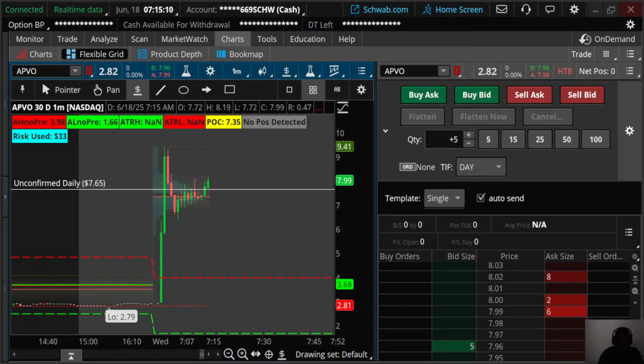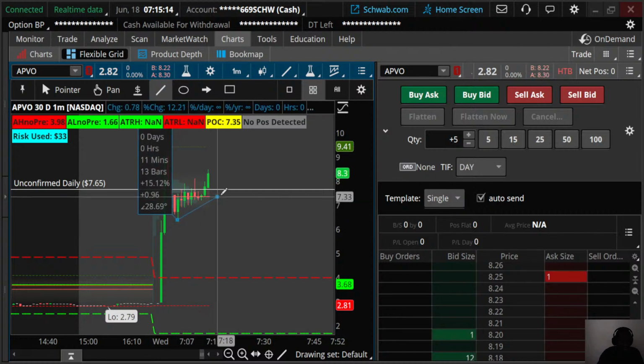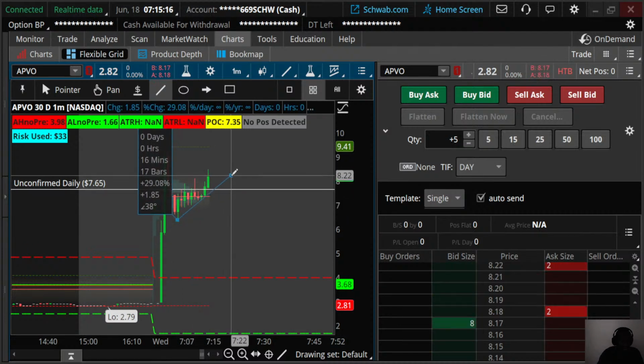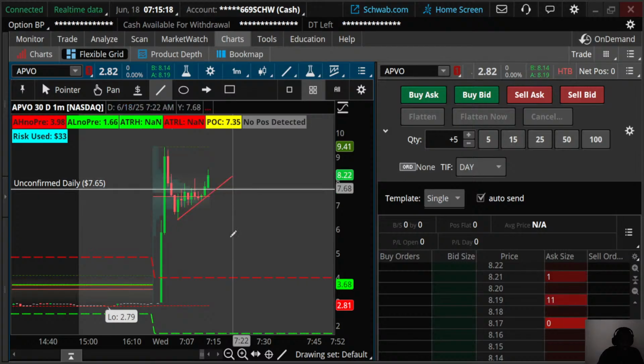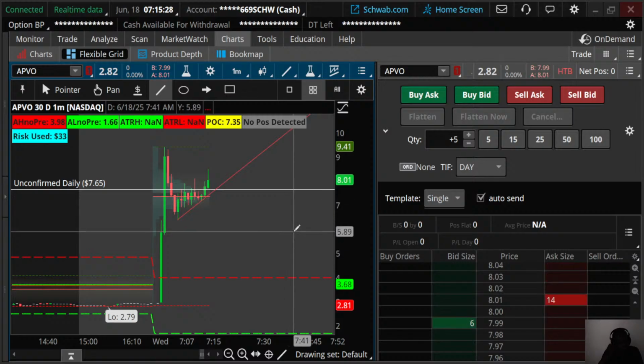Okay, so now let's start seeing what kind of uptrend this is. It's a little steep right here. Definitely steep right there. Really, really steep right there.